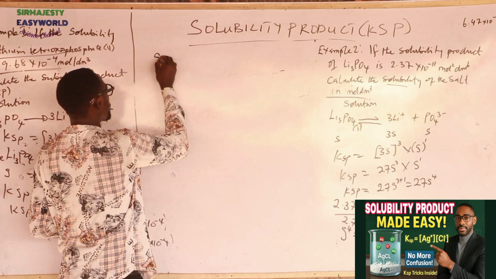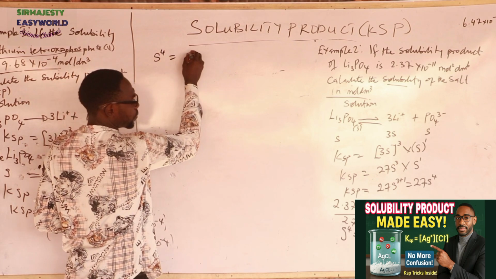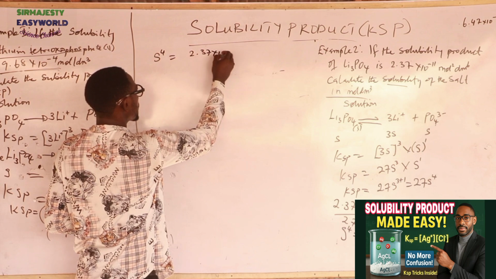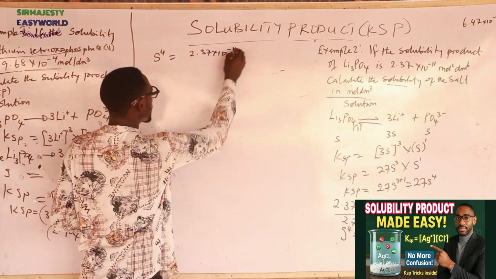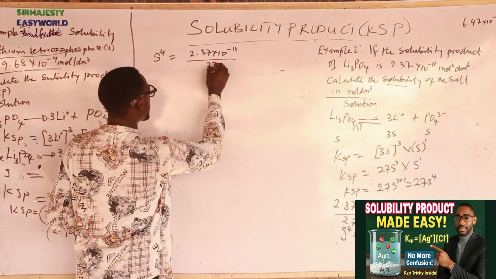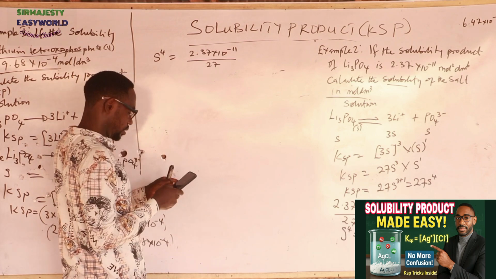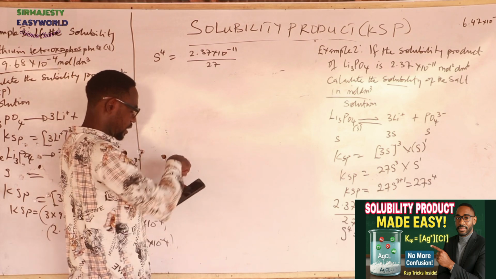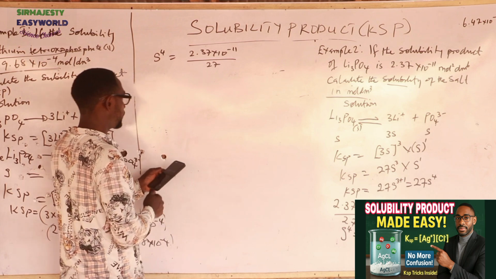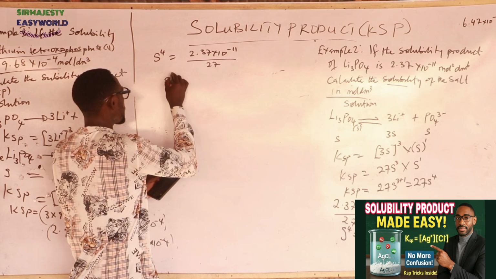S^4 is equal to 2.37 times 10 raised to power minus 11 divided by 27. I want to get the answer to this before removing the power 4, which gives us 8.777 continuation for S raised to power 4.